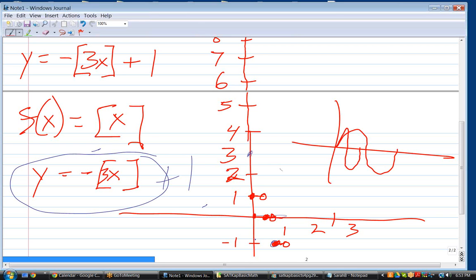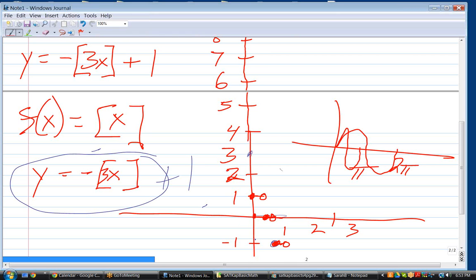When we scrunch a sine curve, it goes from 0 to 2 pi to begin with, and after we scrunch it down, it goes from 0 to pi. Well, the greatest integer function is similar in that it originally went from 0 to 3, the first 3 legs of it, and now those first 3 legs all happen between 0 and 1.